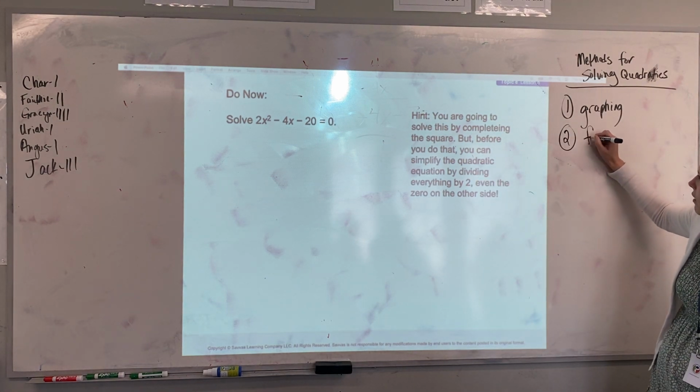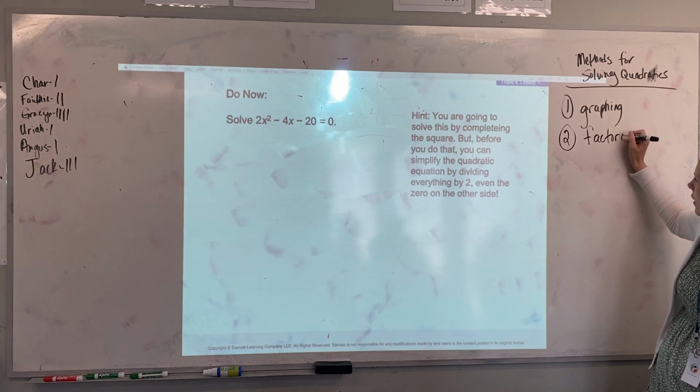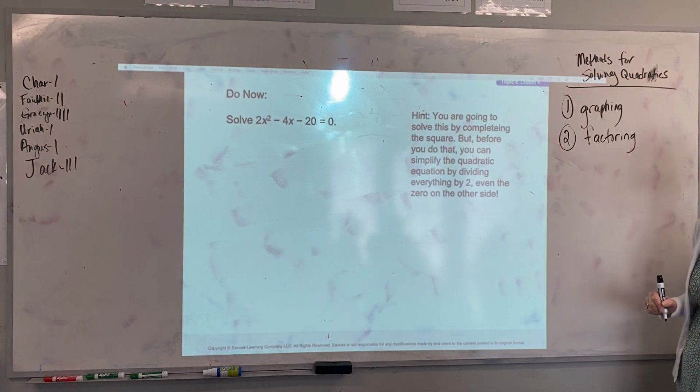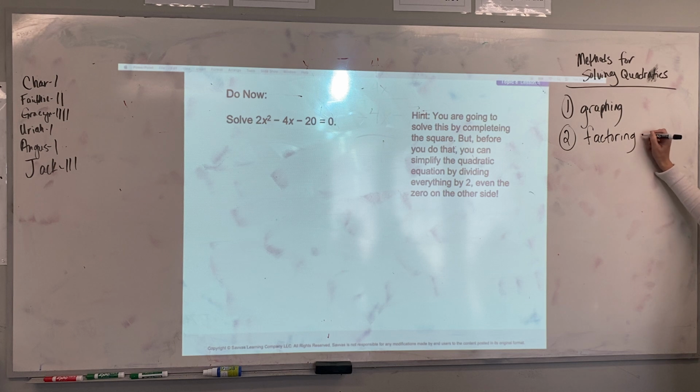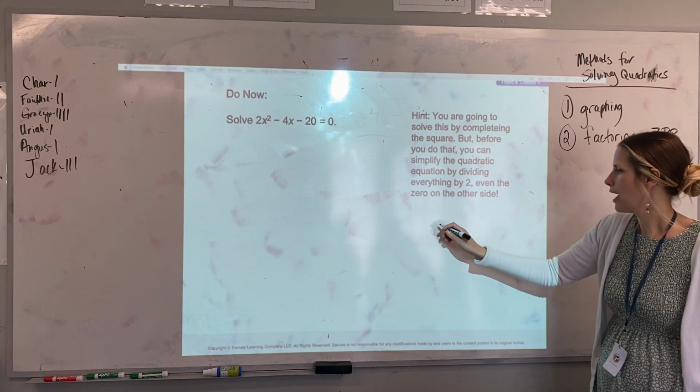Then we learned about factoring to find the solutions. We do factoring, and then we do the zero product property, right? That's really easy when you have something like this.